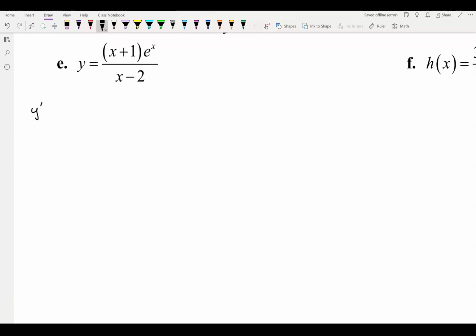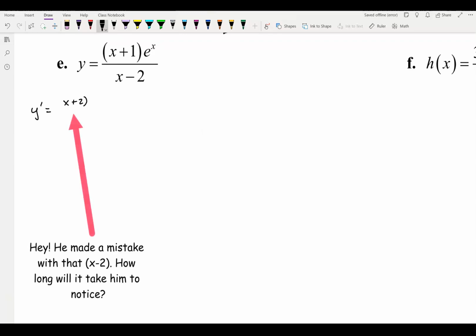We've got y prime is equal to the bottom function times the derivative of the top function, which will require a product rule in there. Whoops, let's make that clean and clear. Okay, so there we go.